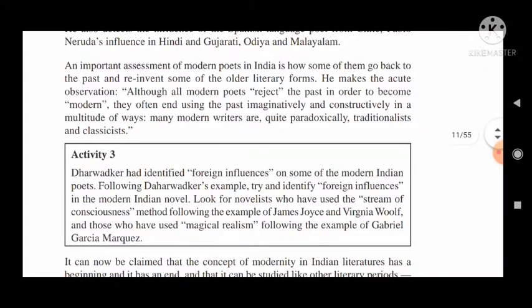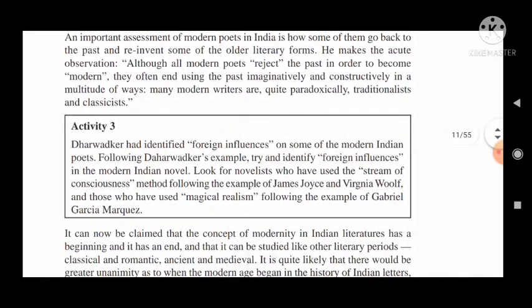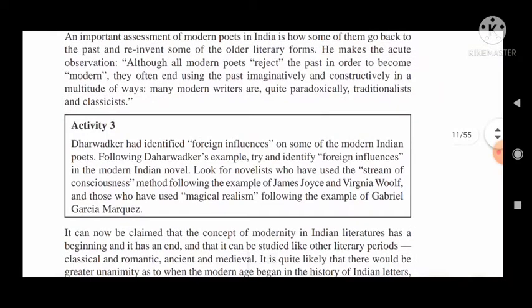An important assessment of modern poets in India is how some of them go back to the past and reinvent some of the older literary forms. He makes the acute observation that although all modern poets reject the past in order to become modern, they often end up using the past imaginatively and constructively in a multitude of ways.